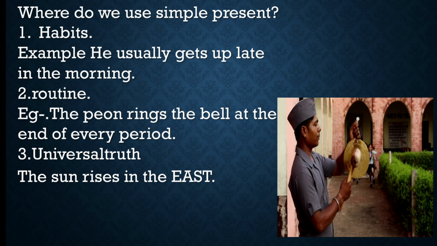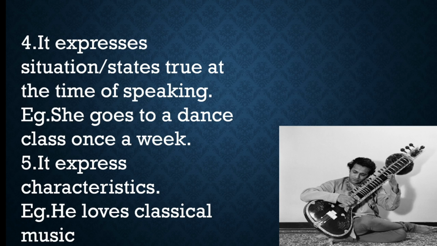Let's move on. See here, it expresses a situation or state true at the time of speaking. For example, see, she goes to a dance class once a week. That is true. That is only one time she goes for a dance class. It expresses characteristic. See, he loves classical music. Look at this picture. He always loves not Western or some other.